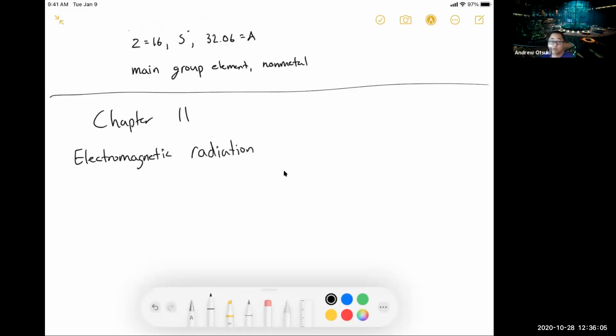So what is electromagnetic radiation? Well, it's energy in the form of electric and magnetic waves. Electric because electrons are part of that radiation, and magnetic because it also has magnetic properties.